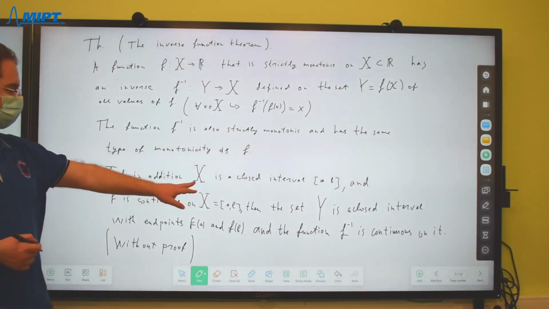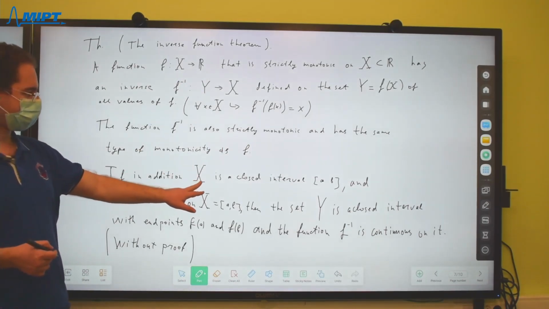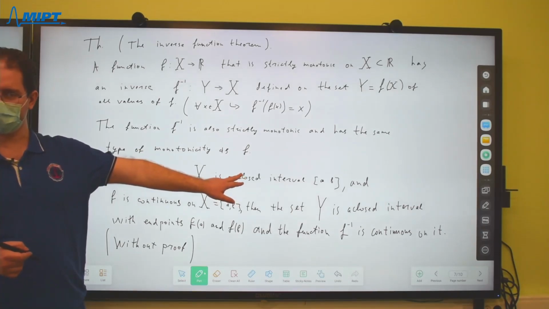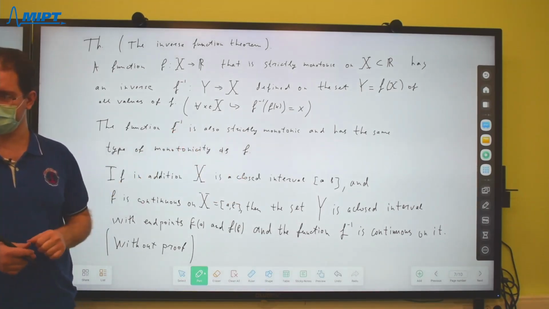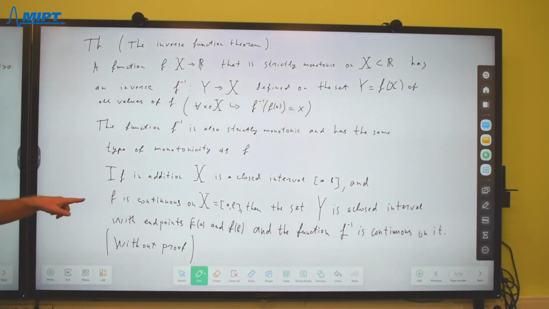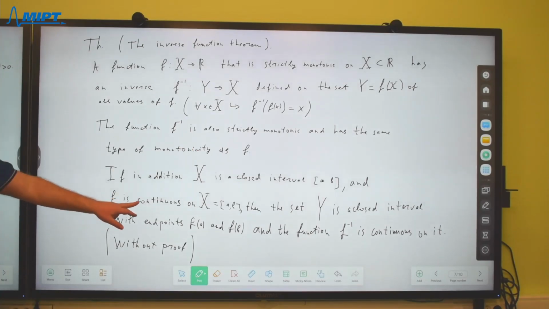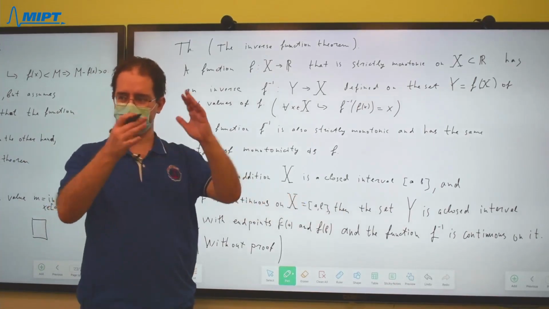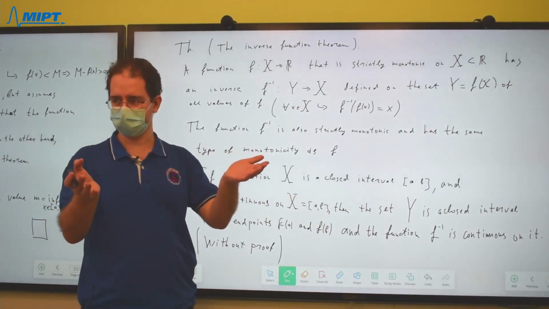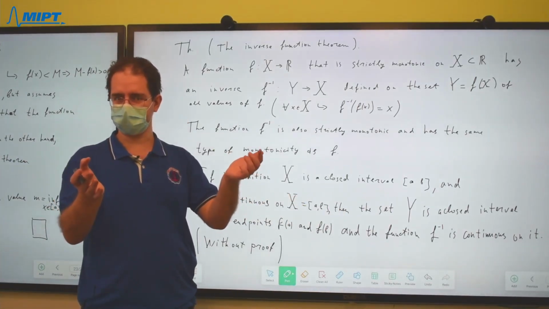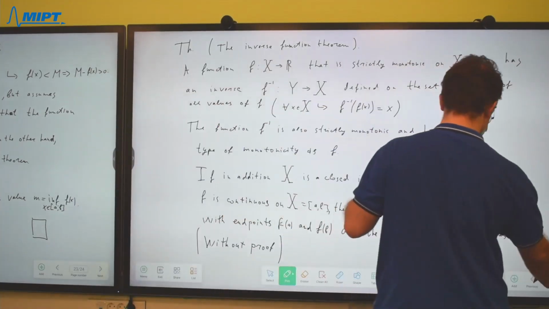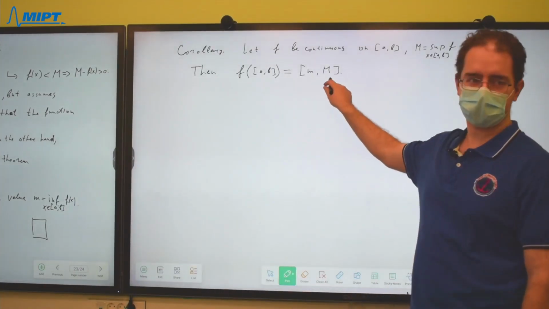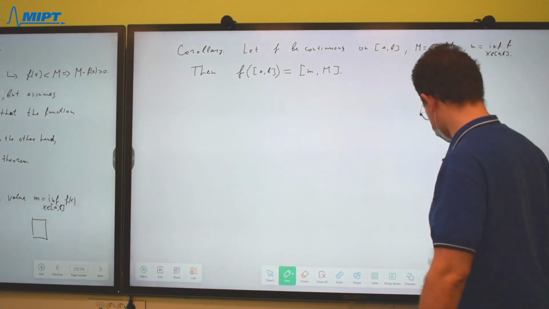If capital X is a closed interval and f is continuous on X, then by the previously proved corollary the set of values is a closed interval. We said that it was from small m to capital M, from minimum to maximum.